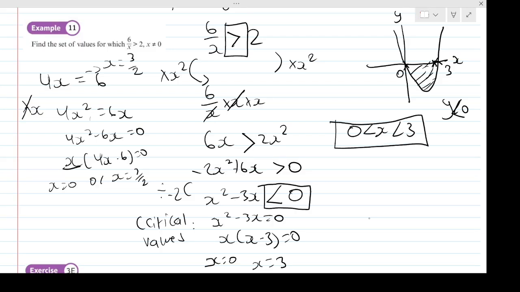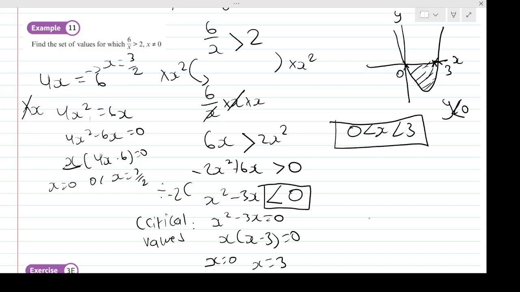And so hopefully you spotted what we did there. Just to recap, we solved the inequality to start off with. We kind of treat it like an equation, right? If it was equal to 2, we would just times by x, but we times by x squared instead, to incorporate the fact that we needed a positive number to preserve the inequality sign, right?